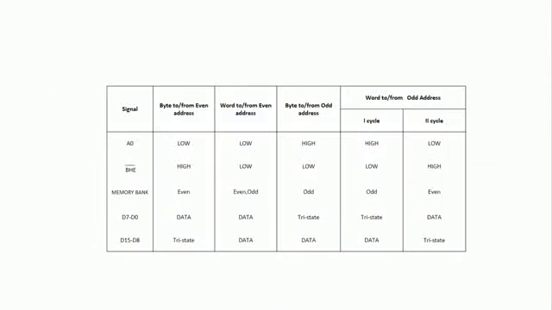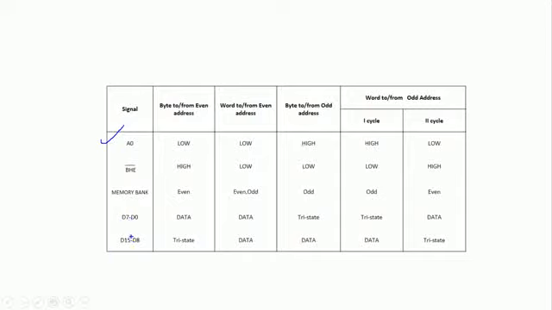So based on that, look at this. This is what I would like to express. What are the signals which we saw in the previous slide: A0, BHE bar, memory bank, whether the bank is the even bank or the odd bank, and the higher order data bus and the lower order data bus.